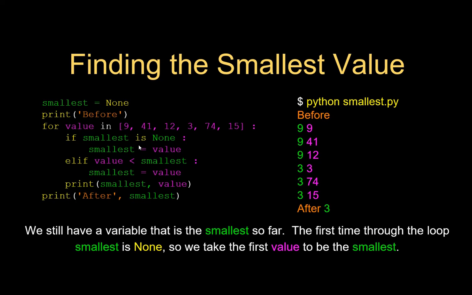What "is" does is make sure the value and the type of our variables are identical or not, and this gives us a true or false.